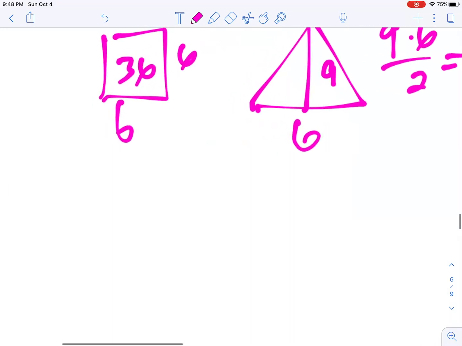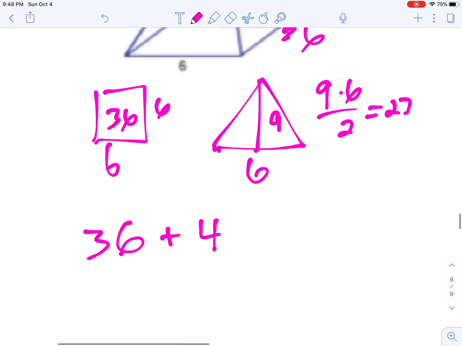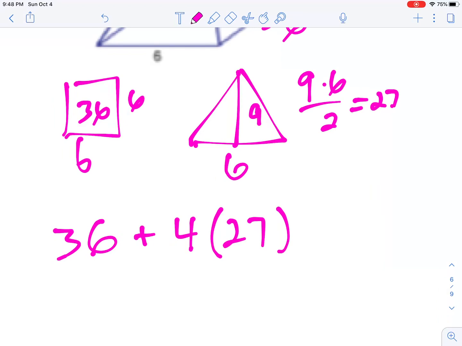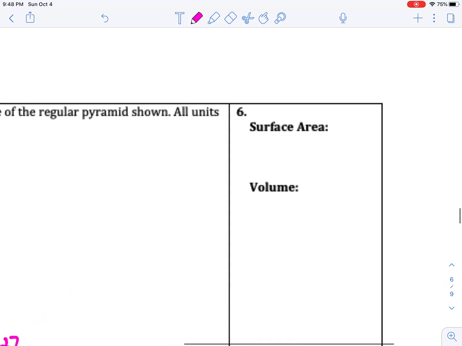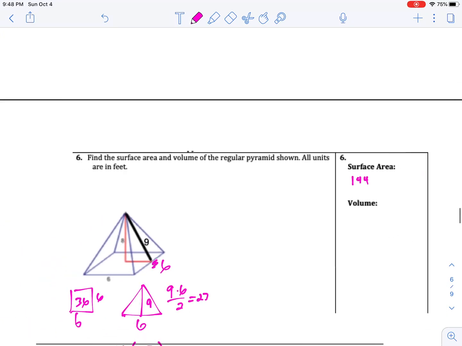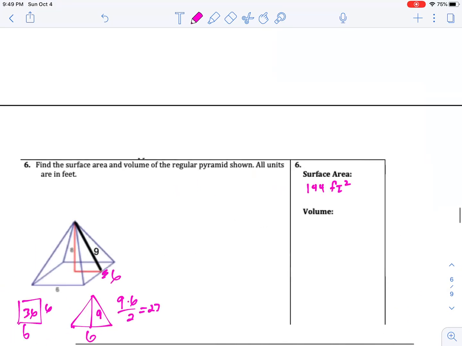So if we want to find the surface area, we take the area of the base, which is 36, add it to 4 of the area of the triangles, because there are 4 lateral triangles going around the side, and then we'll do 4 times 27 plus that 36 gives us 144. And it says all units are in feet, so squared feet.